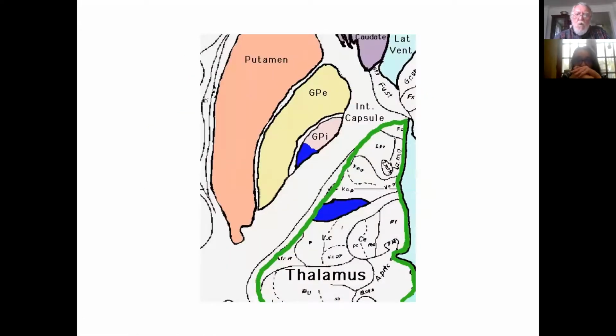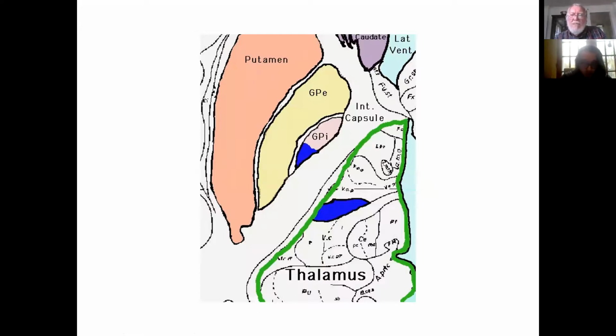Now, the other important thing to think about when we look at this: we're looking at a cross section, or a transverse section, of the brain.